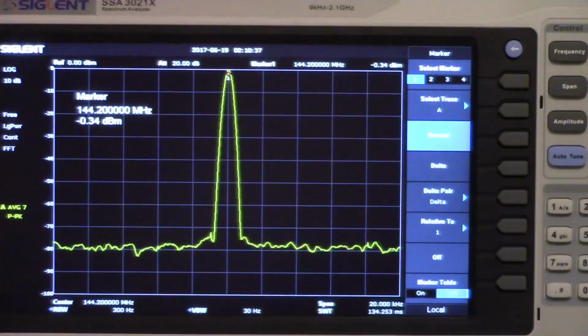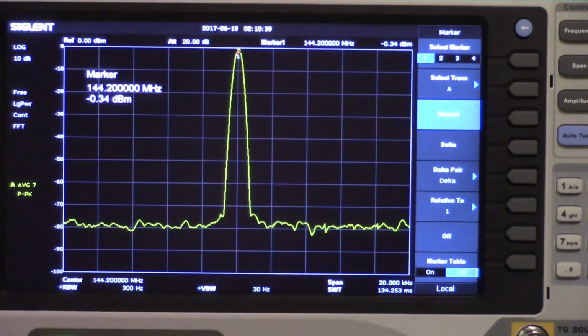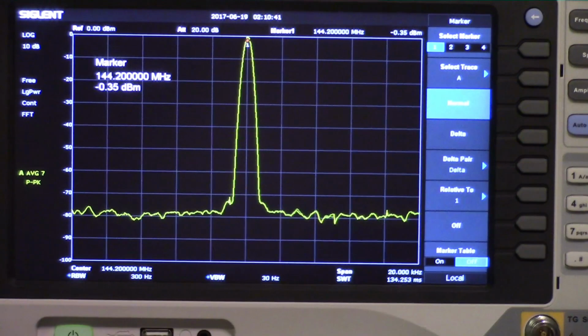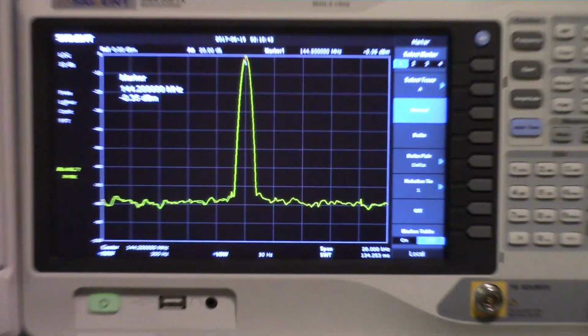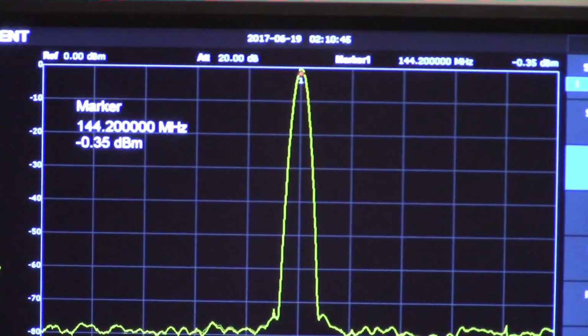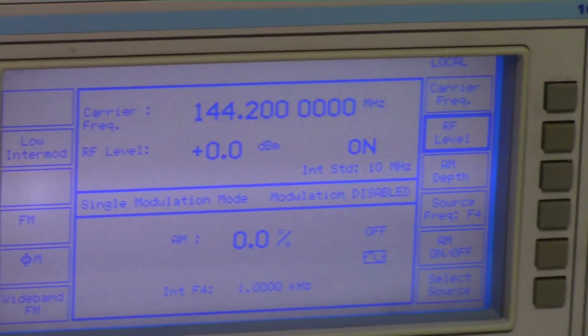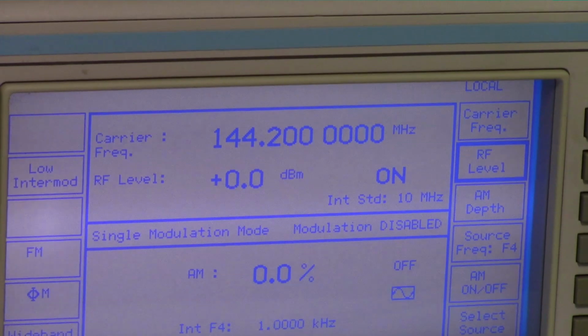So let me do a quick example. I'll show you what I mean by that. Right now I've got the amplitude of the Marconi set for 0 dBm, 144.2.